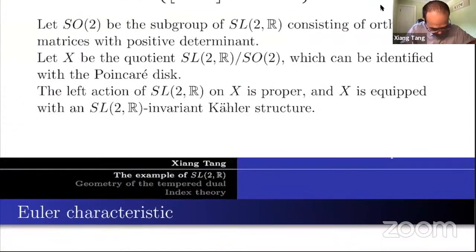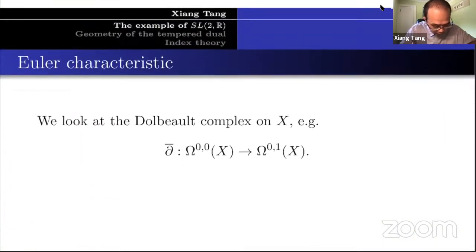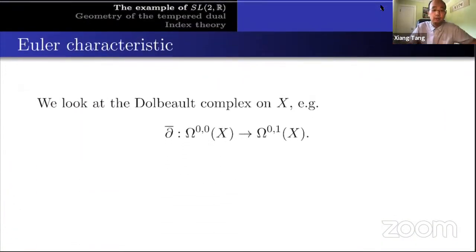Now what we are interested in is a very standard operator. We have a complex structure on X, remember X is just the Poincare disk or the upper half plane. So we can consider this ∂-bar operator, the simplest possible differential operator.